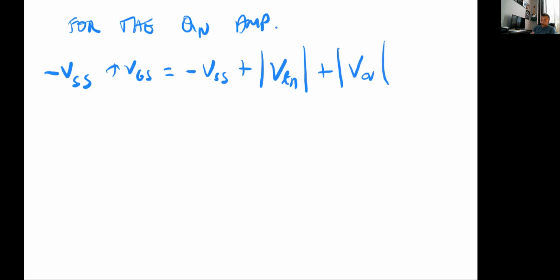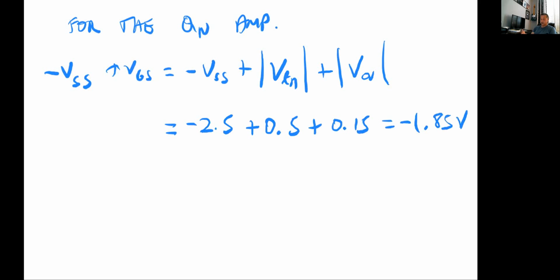And so that gives us minus 2.5, which is VSS, the same as VDD, plus 0.5 plus 0.15, and that gives us minus 1.85 volts. So you can see that for the P channel, we got 1.85 volts at the gate, and for the N channel, we have minus 1.85. So you can see the symmetric nature of the design because the transistors are matched.